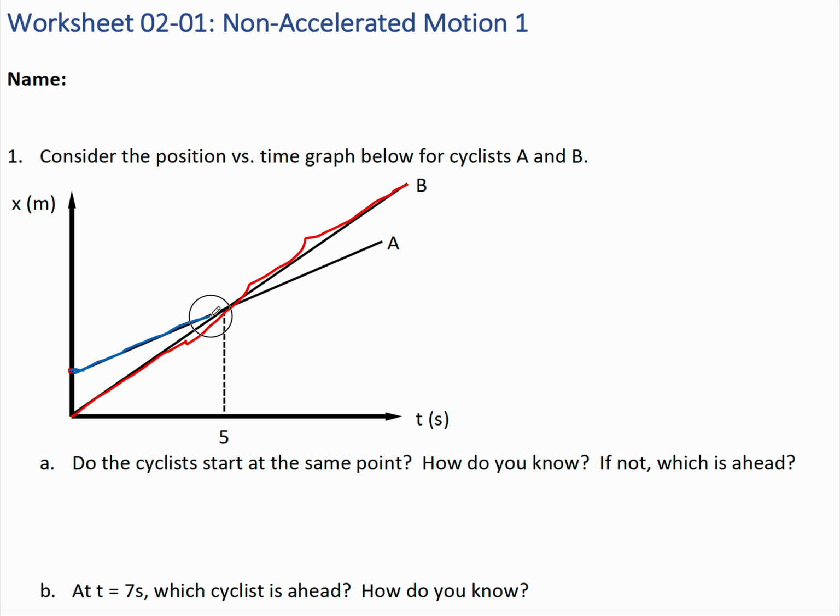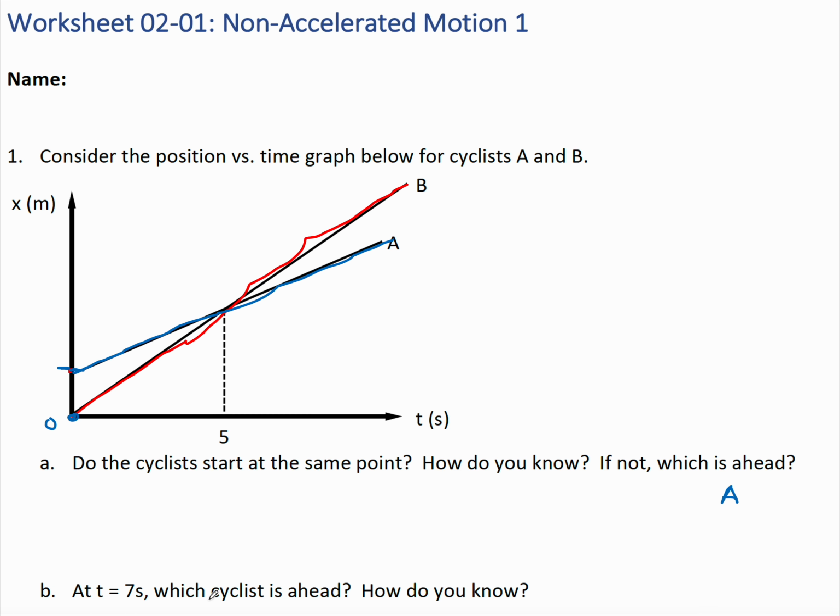So the question is, do the cyclists start at the same point? And hopefully the answer is no. You can see the y-intercept here for A is some value that's not 0, whereas the y-intercept here for cyclist B is 0. Who starts ahead? The answer is cyclist A starts out ahead of time.